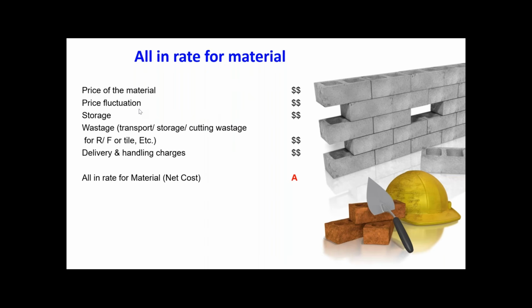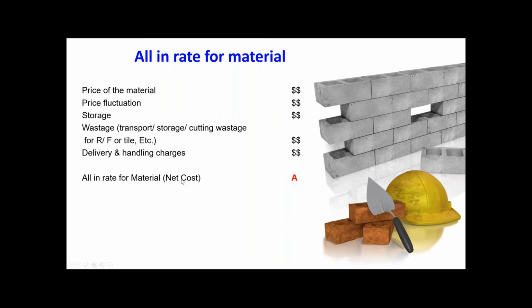Or maybe they are delivering, maybe if the delivery is free, fine. Otherwise you are paying for delivery. And other cost, because you have to have the software, you have to have some license, all these costs. Even there is maintenance. So all these costs should be included. That's what you can say, this is my price. Okay, so this is my actual cost. That is called all-in rate for material.